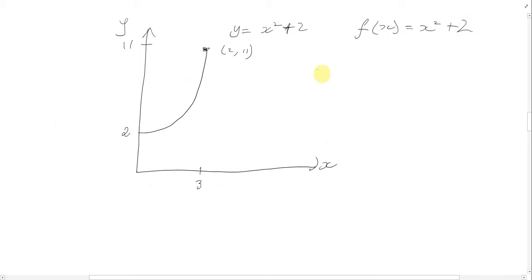Now if I want to find the average rate, and it's going to be in y per x, if you like to write it that way. So it's going to be the change in y over the change in x, because it's the gradient, it's the average. So we're talking about doing a straight line from here to here. This point is 0, making that point (0, 2). So we're talking about average here.